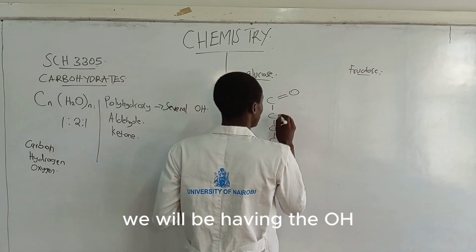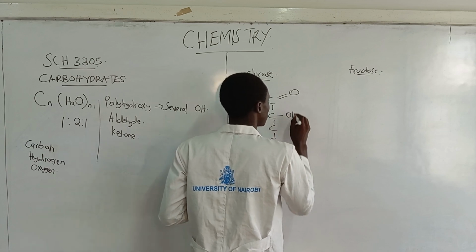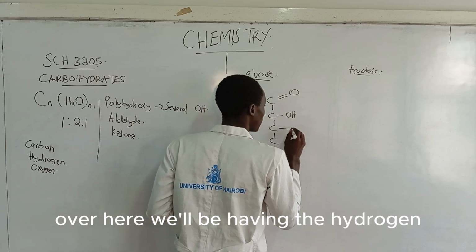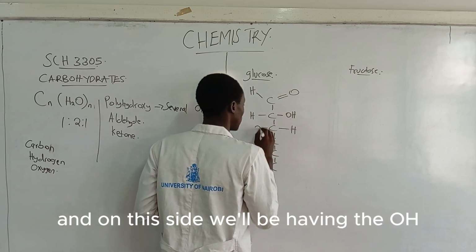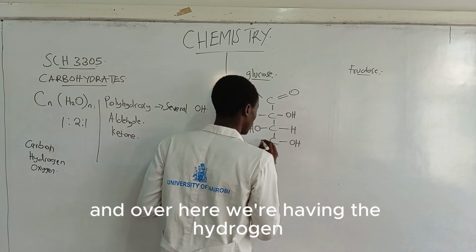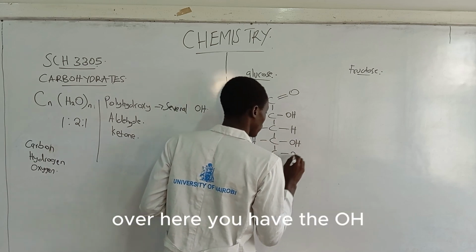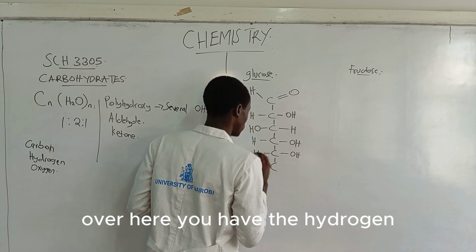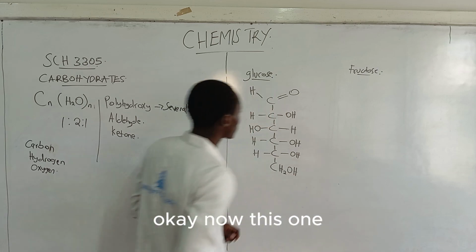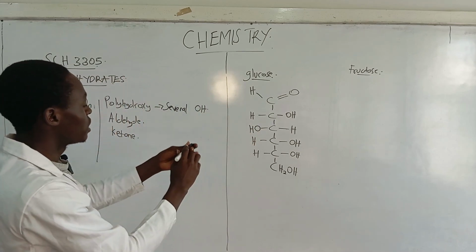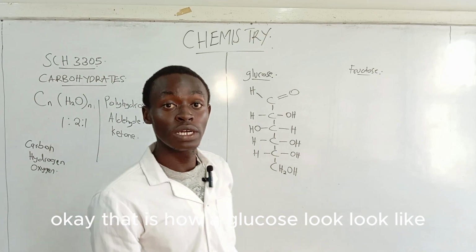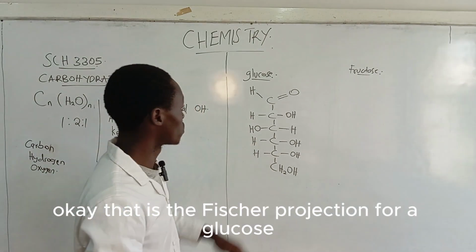The second group will have the OH, hydroxyl group, here the hydrogen, then on this side the OH, the OH here and the hydrogen there, the OH, the hydrogen, and finally CH2OH. Now this is the Fischer projection of a glucose.